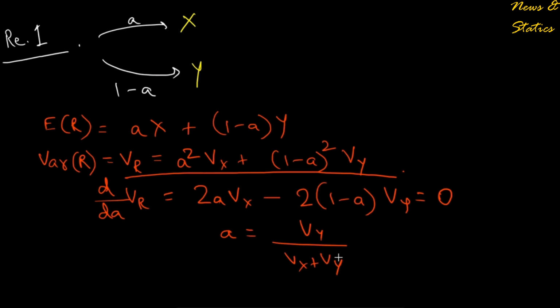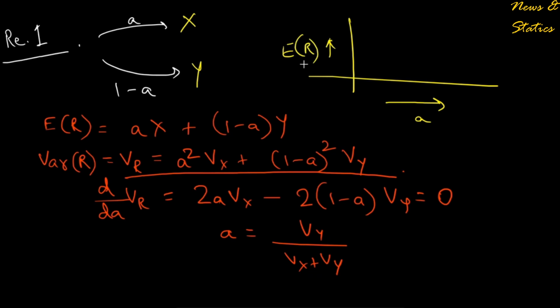What I'm trying to say is that if you plot a graph where a is on the x-axis and the variance of R is on the y-axis, then you will find a minima point where the variance of R assumes a minimum value at a certain value of a.